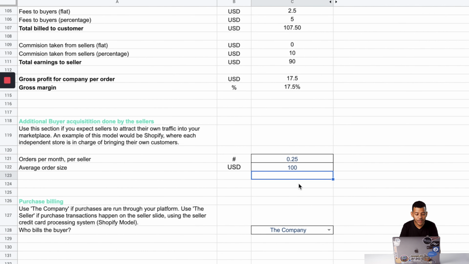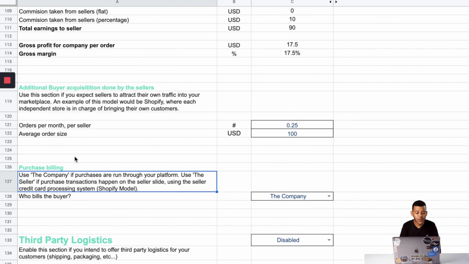All right, so finally, the purchase billing, and this one's probably the hardest one to grasp, which is who is charging this? Who is charging for the transaction? In Shopify, for example, the store owner is connecting their Stripe information or their billing information into Shopify, which means that the credit card charge is happening on the seller side.